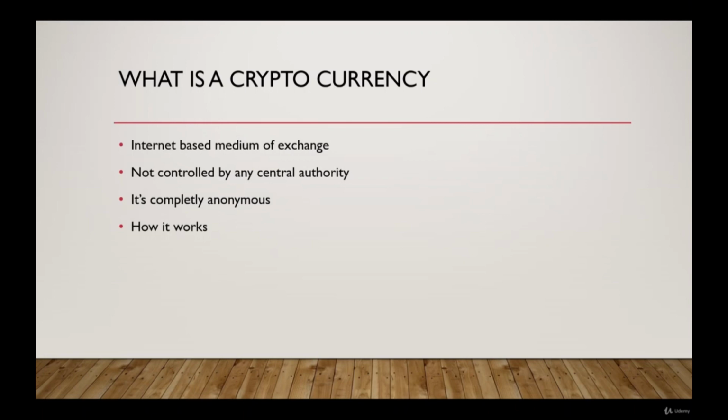This is why, as I said, it's completely anonymous. There are ways to retrace transactions, but once again, it's very, very hard to retrace because it's on blockchain technology. It's not like regular transactions, where with a credit card you have a bank statement that says, "Oh, that day you went to that store and you bought something."